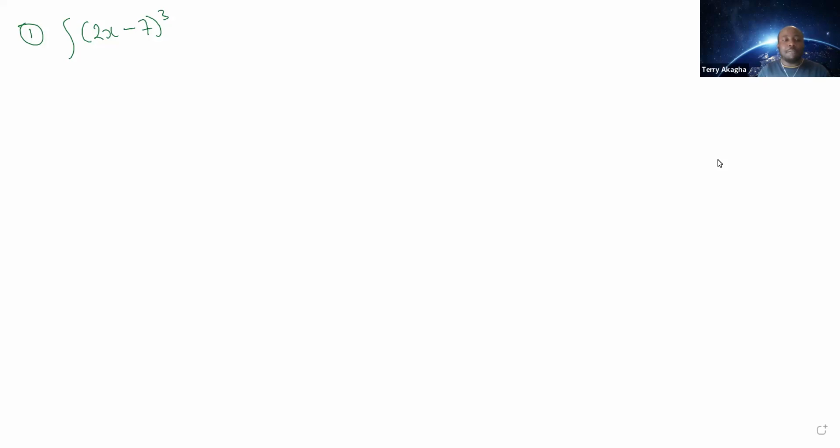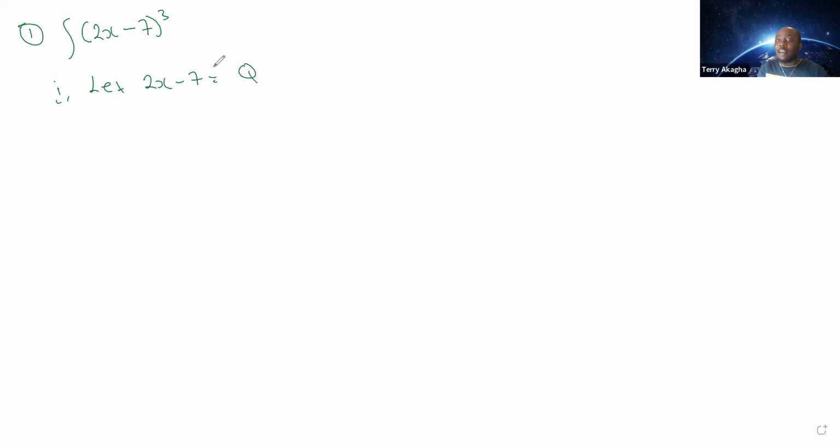Remember the first step. The first step I told you was that you have to replace the linear function with a letter, and add dx over dq times dq. So for instance, let 2x minus 7 be equal to q.